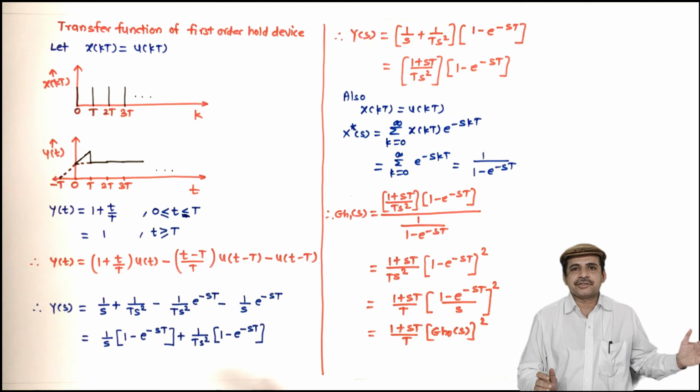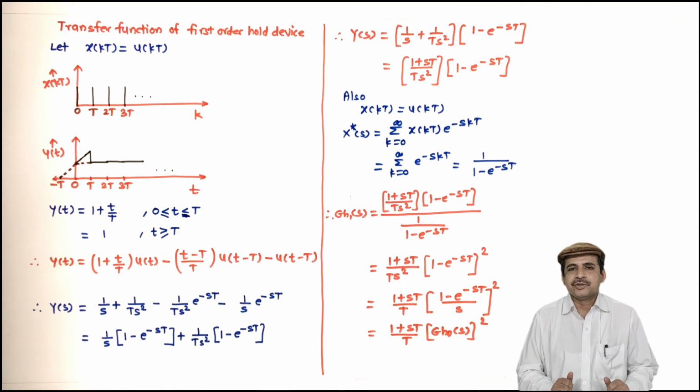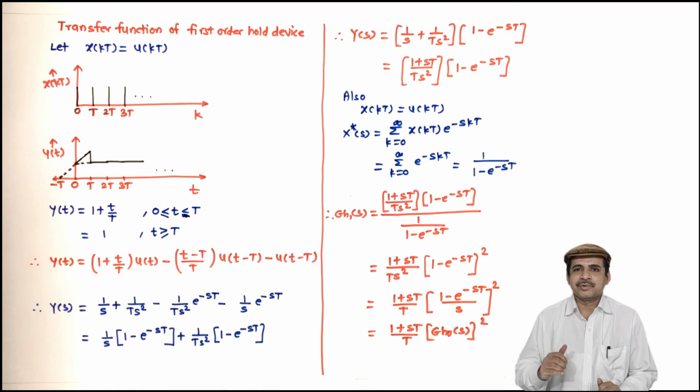So in the last 6 to 7 lectures, we have explored the block diagram of a digital control system, different blocks in it, different operations involved, and their detailed analysis. From the next lecture, we will enter into analyzing mode.